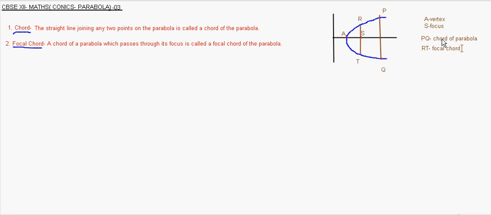Why? Because it is passing through its focus, that is point S. So this is a chord and this is the focal chord. Now moving to the next definitions. First we'll draw the diagram and then we'll do the definitions.